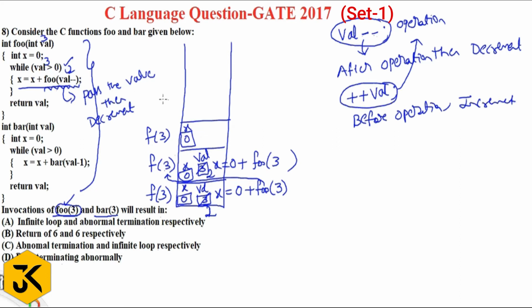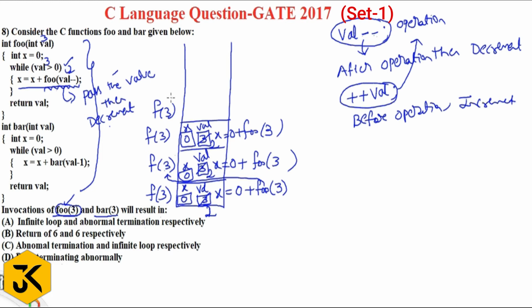Yes, so x equal to 0 plus foo of 3. After calling the function f of 3, it will decrement the value by 1. That is the meaning of post decrement: we pass the value, then decrement. So here the value is not changing while calling the function.